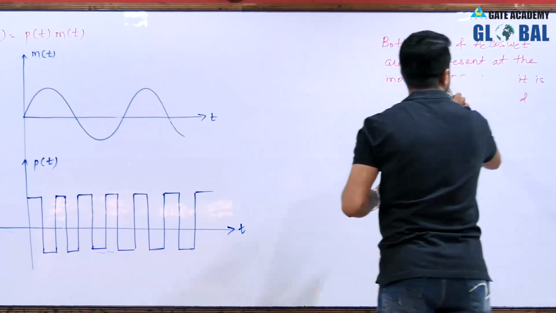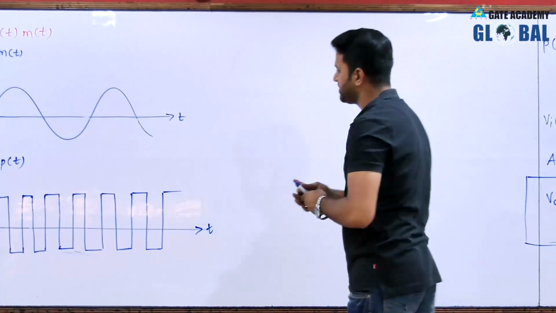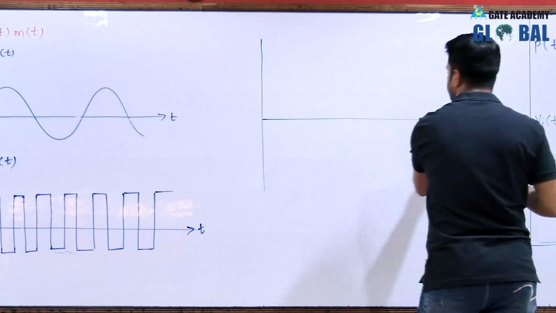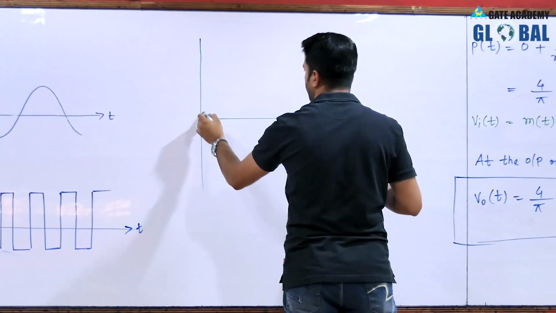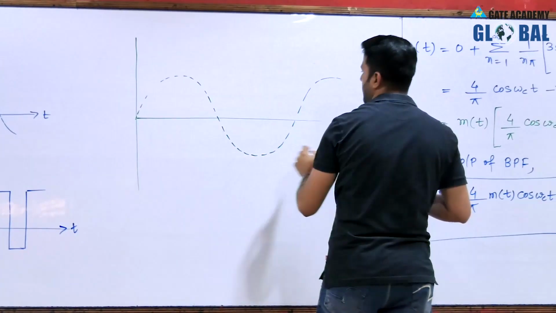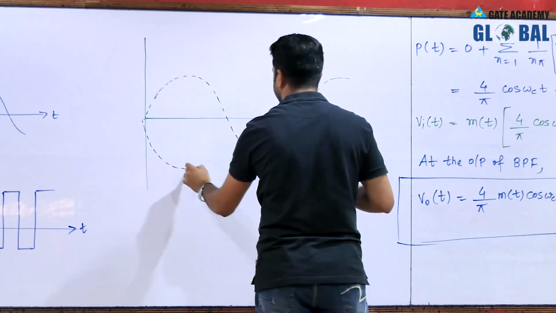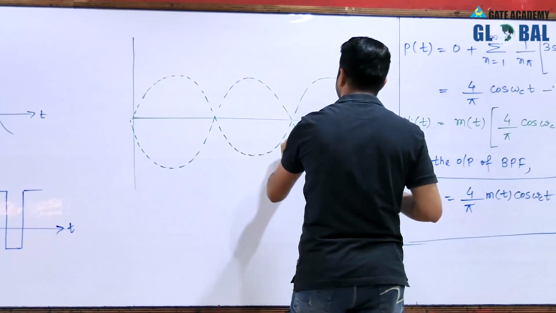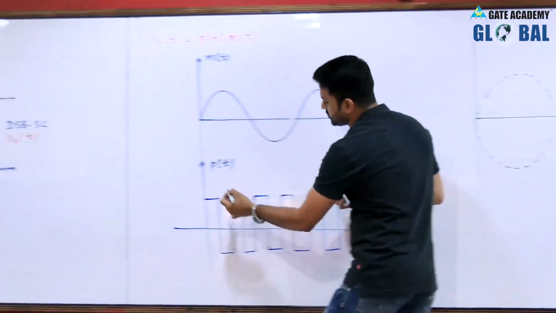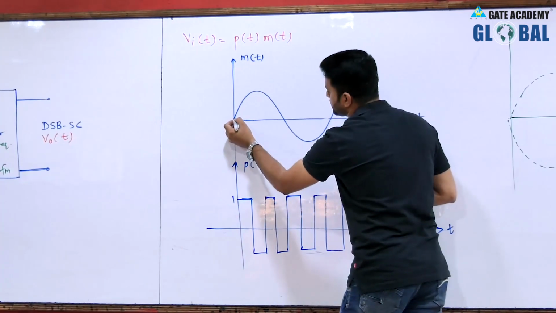So when we multiply these two signals, we get the output. This is positive plus 1 and it is also going positive.